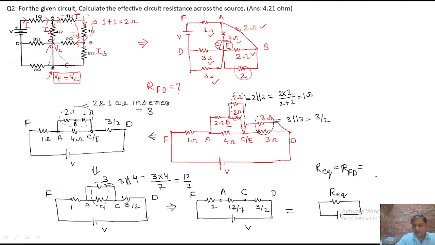RFD is equal to 1. All are in series. 1 plus 12 by 7 plus 3 by 2. So 12 by 7 plus 3 by 2. The answer is 12 by 7 plus 1.5 plus 1.